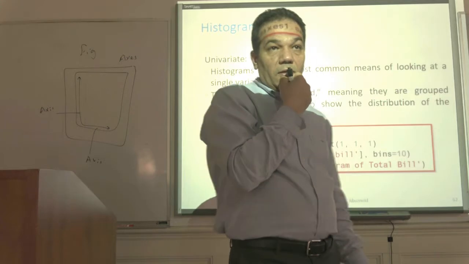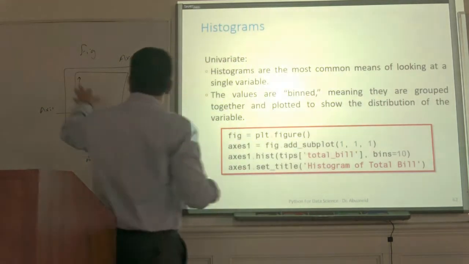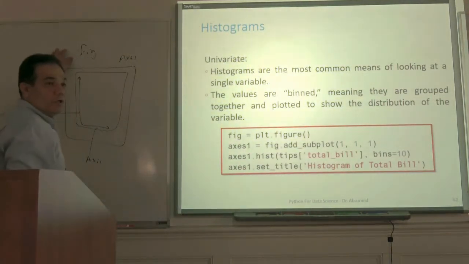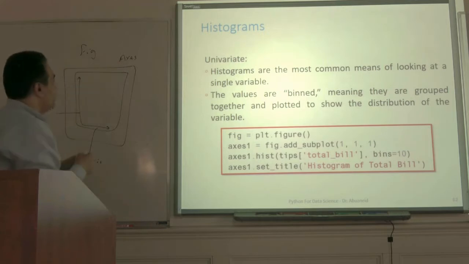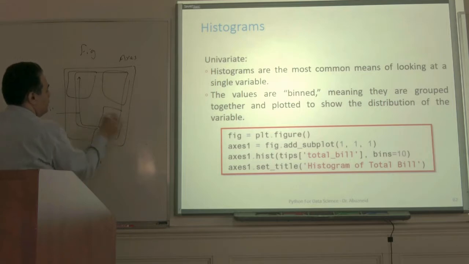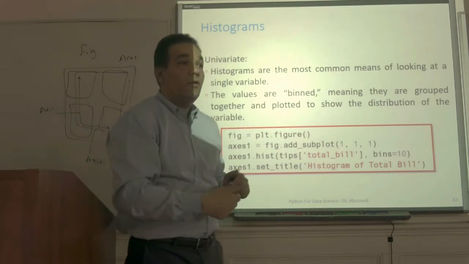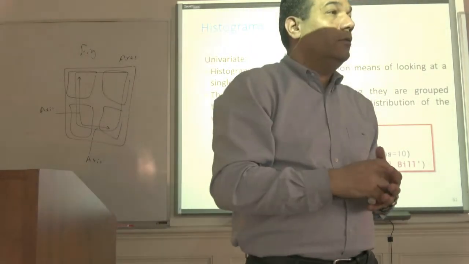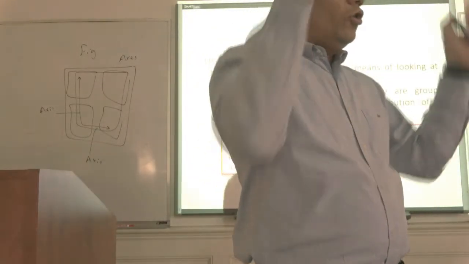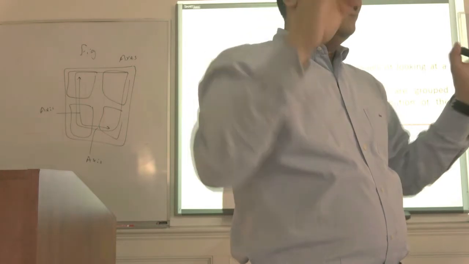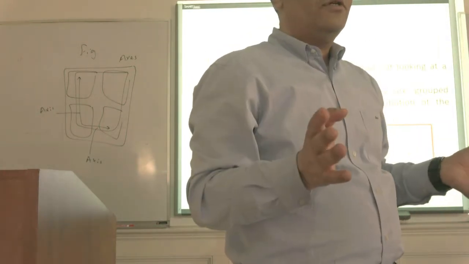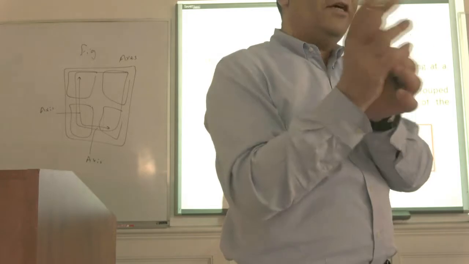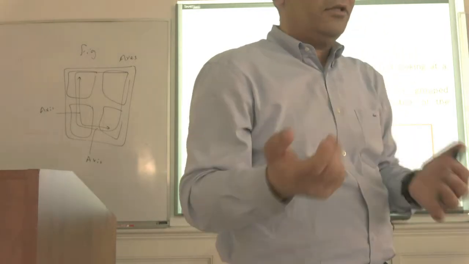So the bigger box is a figure. It could have 1 or more axes, for example, 4 axes like that. And inside each axes, what do we have? The plot. So we have a figure, inside the figure you could have many axes, and inside each axes, you could have a plot.